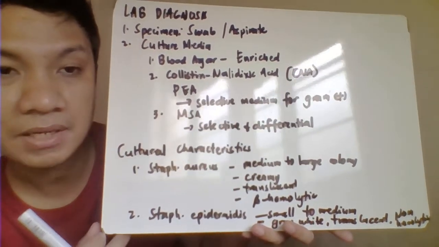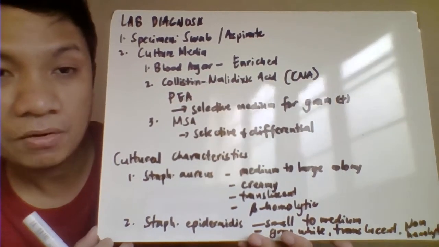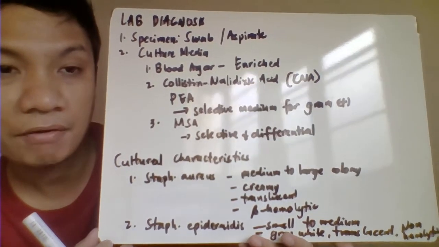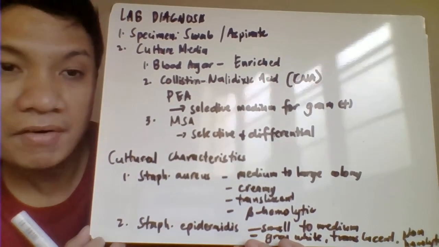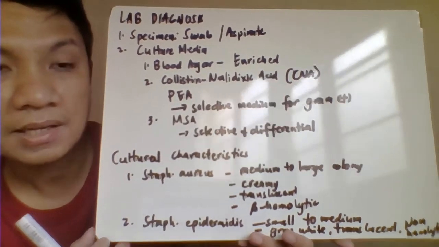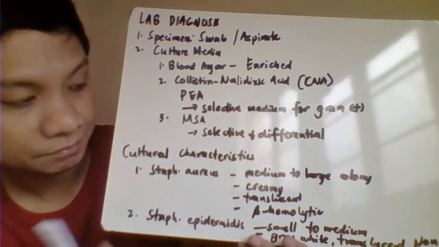It's differential because it differentiates whether the Staphylococcus is able to ferment mannitol or not. Pag mannitol fermenter, it would have a yellow colony, but if it is a non-mannitol fermenter, it would have a pink colony.